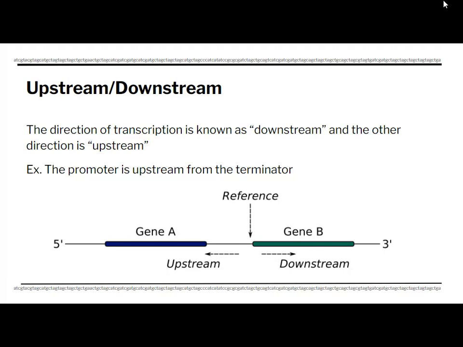So for example, the promoter is upstream from the terminator because it happens before the terminator does. If we are reading from left to right, going in the direction that we normally read goes downstream, going backwards goes upstream.